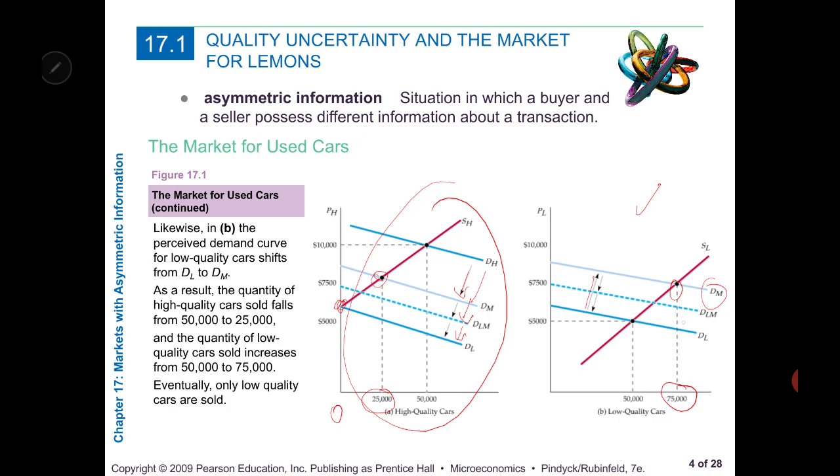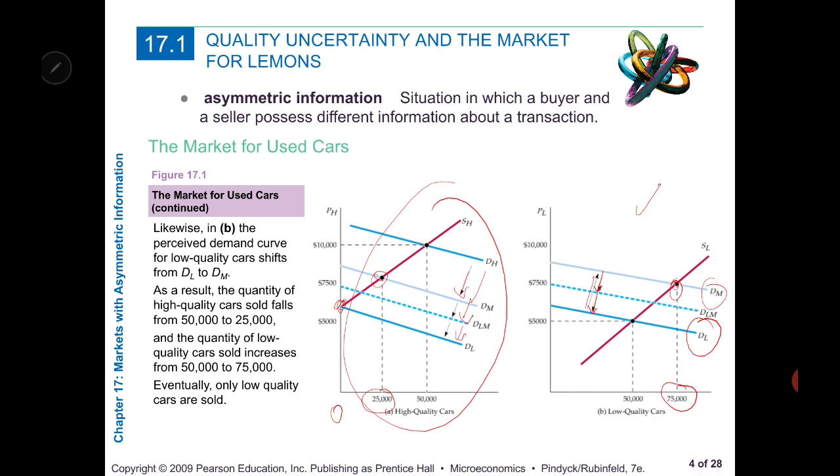And in the low quality market you will see that demand went up just now, and then they say, oh, because there are so many low quality cars, it's not even medium. They now realize that it is lower, so demand comes down again, and eventually it comes down to the real DL.